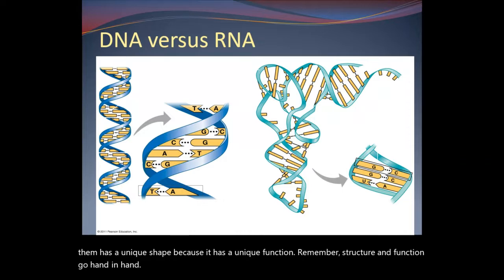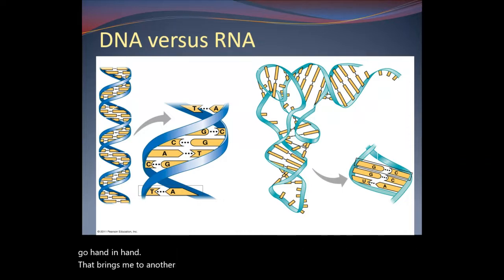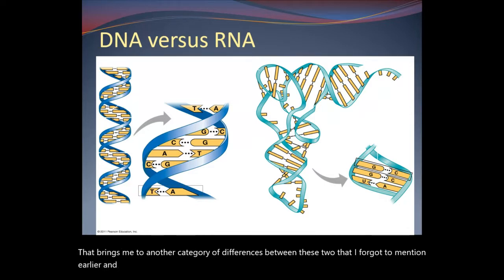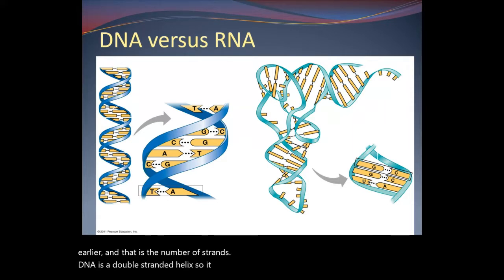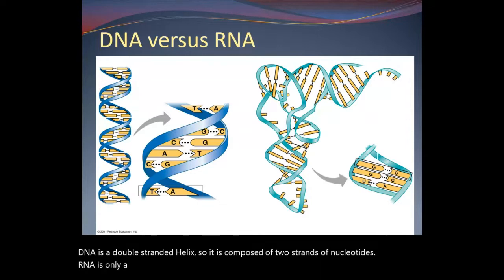That brings me to another category of differences between these two that I forgot to mention earlier, and that is the number of strands. DNA is a double-stranded helix, so it is composed of 2 strands of nucleotides. RNA is only a single strand of nucleotides.